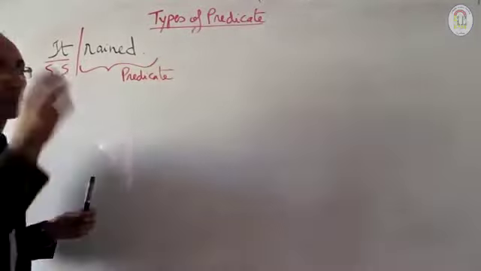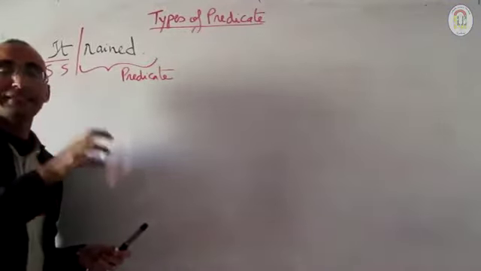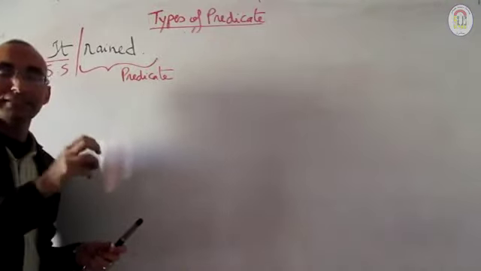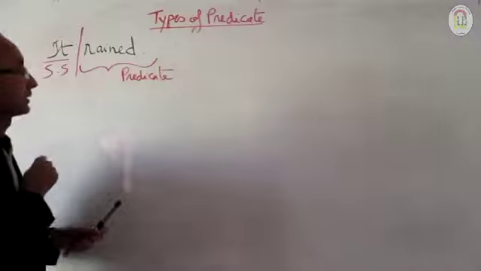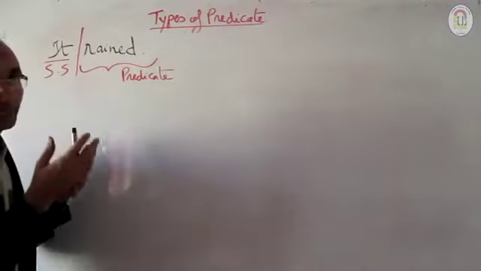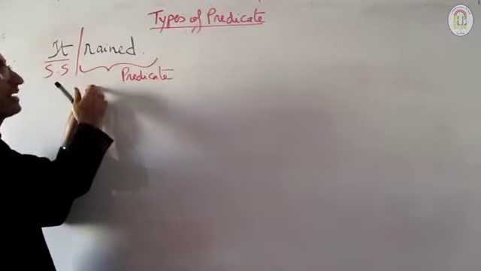Now we said that in this predicate the central element is always the verb. So always the verb in any predicate is the central element. Usually we say the predicate starts from the verb till the end of a sentence.